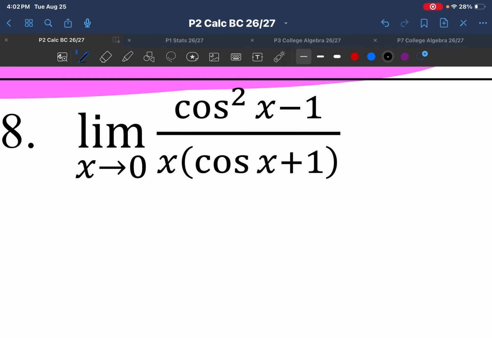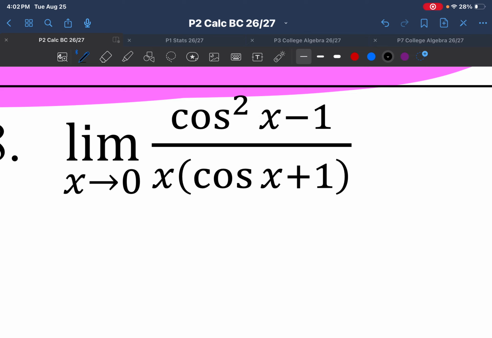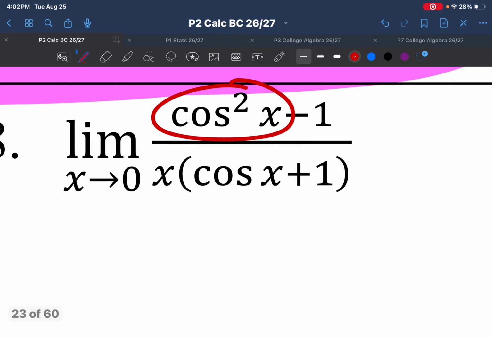Okay, last one, number 8. The limit as x approaches 0 of cosine squared x minus 1 over x times cosine x plus 1. Recall that this is the same as saying cosine x squared.